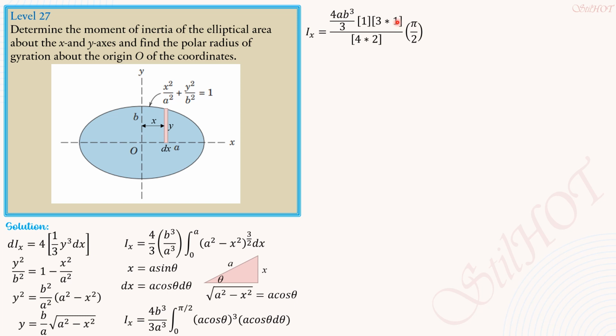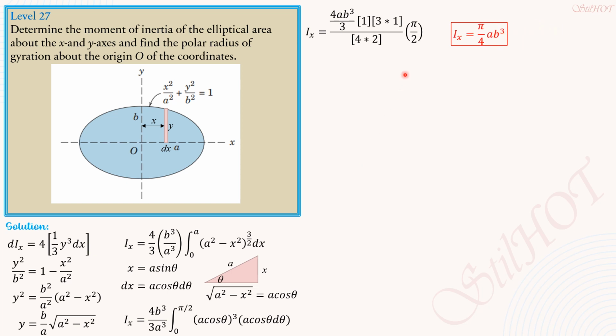We stop at 1 because the rule is we stop at 1 or 2. Then alpha is pi over 2 because 0 exponent of sine and 4 exponent of cosine are both even. Then this is the sum of powers. 0 plus 4 is 4, decreased by 2, so the next is 2. We stop at 2. So we can cancel 4, cancel 3. Therefore, Ix is pi ab cubed over 4.